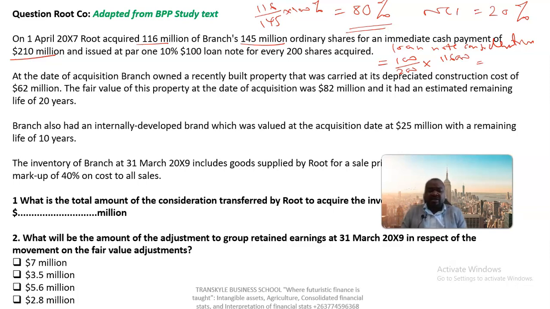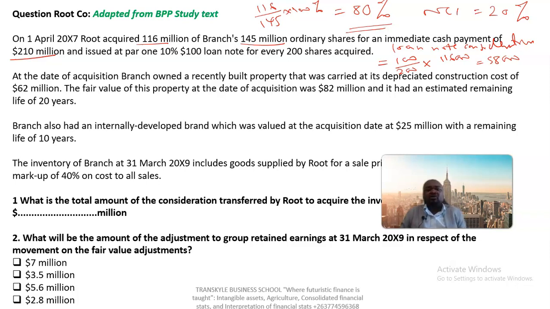So that should be, let me see, 100 over 200 multiplied by 116. That's 58 million. That's 58,000 if we are presenting the information in thousands.